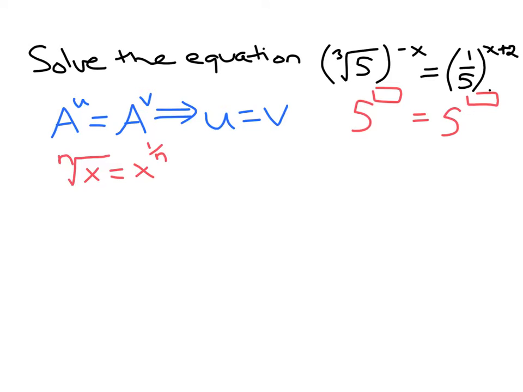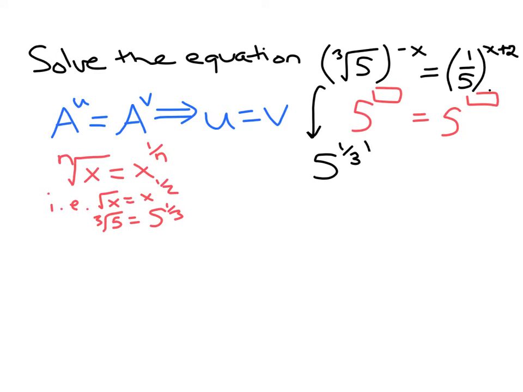So the square root of x is equal to x to the 1/2, and the cube root of 5 is equal to 5 to the 1/3. So the first thing I'm going to do with that given equation is express the left side as 5 to the 1/3, and then you still have that negative x outside.